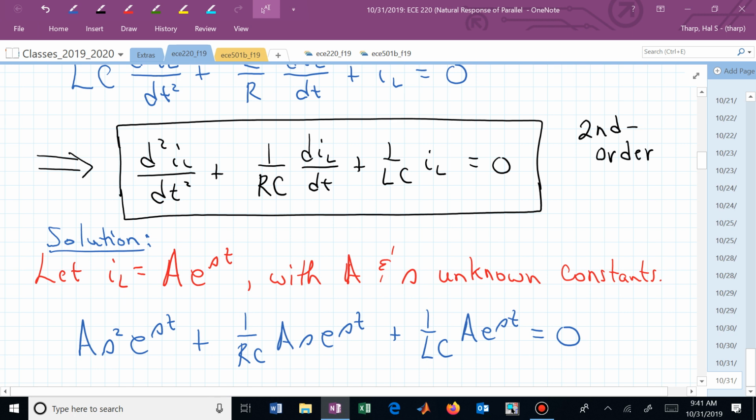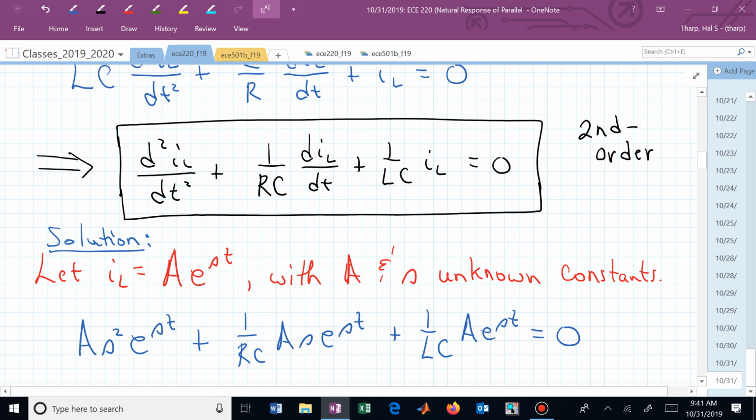We can differentiate that. That exponential is fairly straightforward to differentiate. And when we differentiate it twice, we have an s squared popping out in front. When we differentiate it once, we have an s.